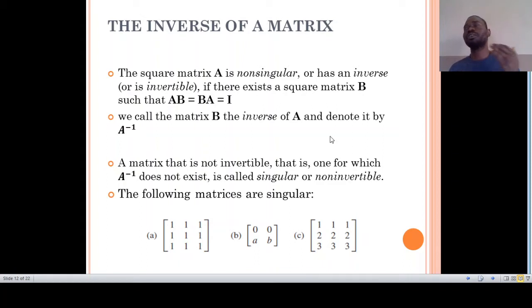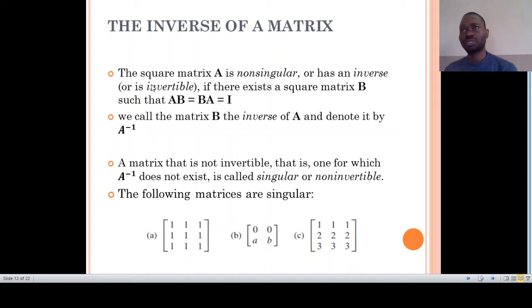You can think of inverse of a matrix as the division that you have in your arithmetic operation. So that said, the square matrix A is non-singular. Okay, what do we mean by non-singular? When a matrix is non-singular, you are going to have better understanding later on.